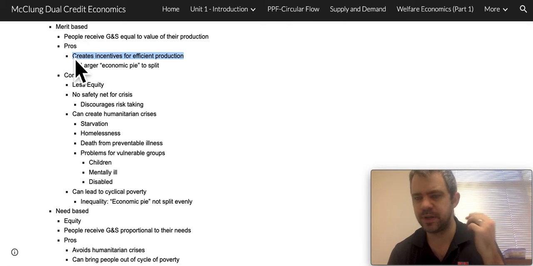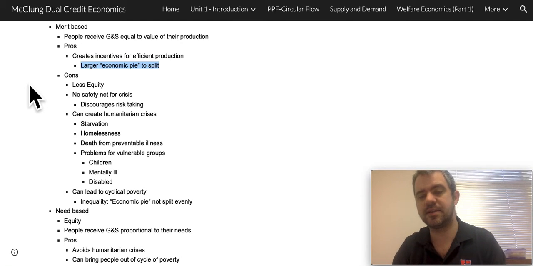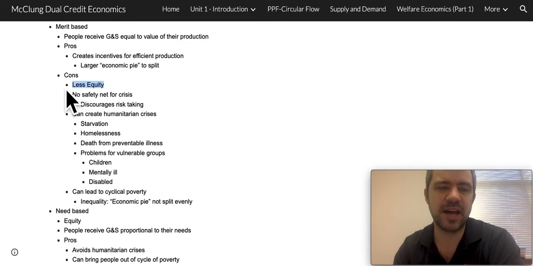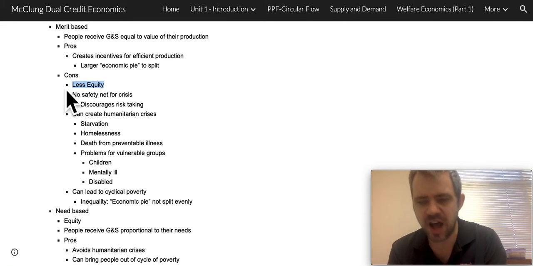So there's a built-in incentive for efficient production, and that usually leads to a larger economic pie to split up because we're producing more. Now, the issue is a lot of times people aren't able to produce the same amount, and there are lots of reasons for this.